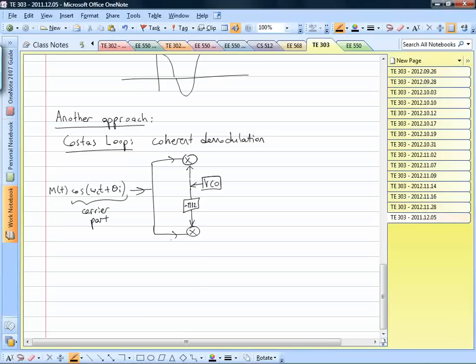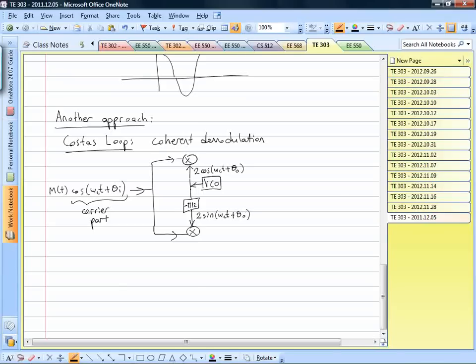We also use it to multiply the incoming signal. So we multiply the incoming signal both with 2 cosine omega ct plus theta 0, and the other branch, 2 sine omega ct plus theta 0.